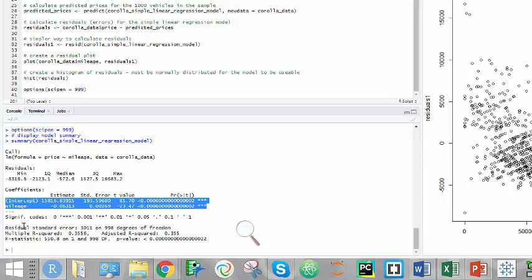Okay? And one more thing that I wanted to emphasize, there is also a p-value for the intercept, right? You see that? Intercept has a p-value. Normally it's reported by any statistical package. We can do the same analysis. R is not the only place, obviously, where this analysis is done. The same exact analysis can be done using our good old friend Excel, using SPSS, Minitab, SAS, any statistical package.